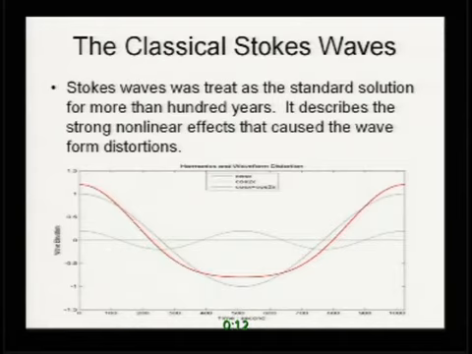Now this wave is very different from your cosine, because over this range the wave profile is lower than cosine, and over this range it is higher, because here the second harmonic fills up, takes over and fills up here.